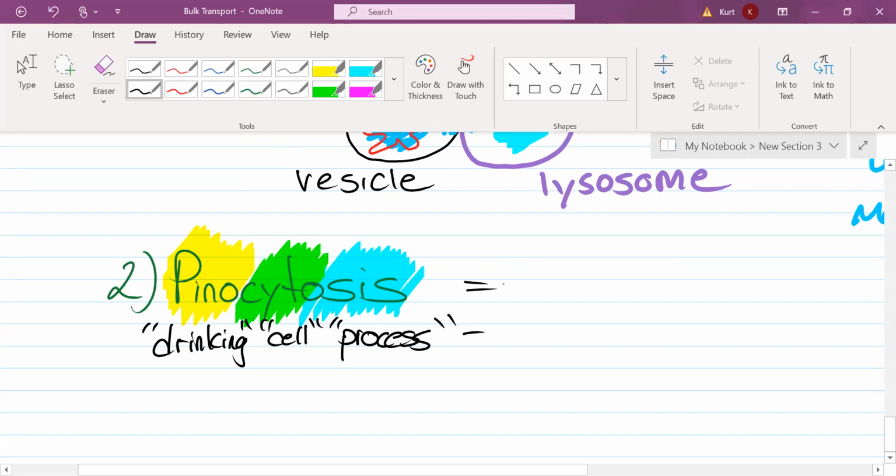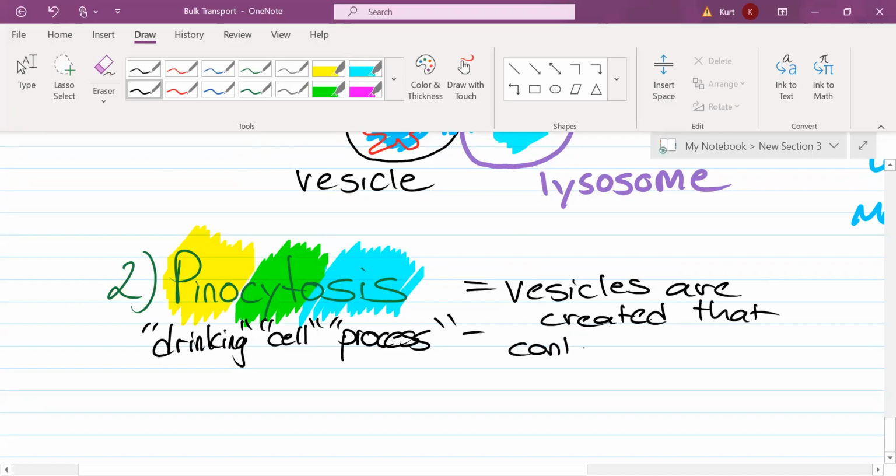In pinocytosis, you generally have vesicles that are created that contain water and dissolved solutes.